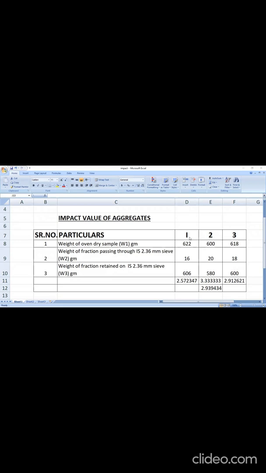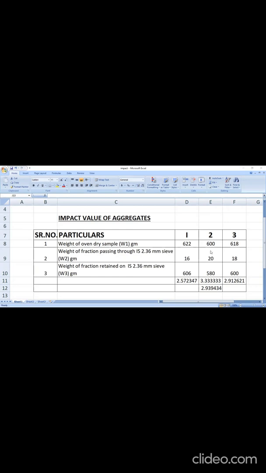For the practical, the weight of the dry sample W1 is 622 gram. The weight of the aggregate passing through 2.36 mm is 16 gram, and retained on the IS 2.36 mm is 606 gram. So these are the observations for the practical we conducted.